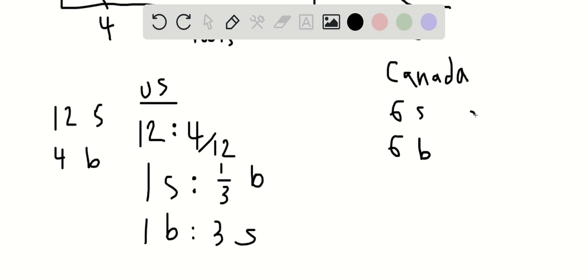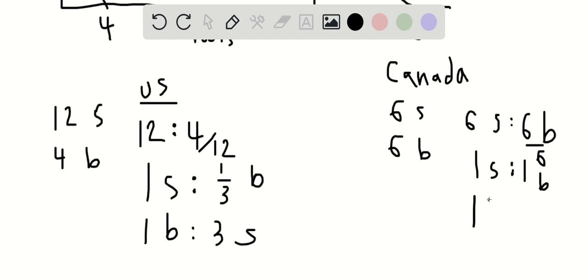For every 6 shirts you make, you lose 6 boots. So the opportunity cost of 1 shirt is 6 divided by 6, which is just 1. And the opportunity cost of 1 boot is the same, because 6 divided by 6 is still 1.